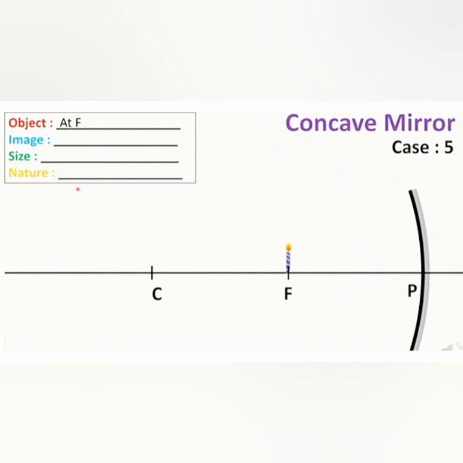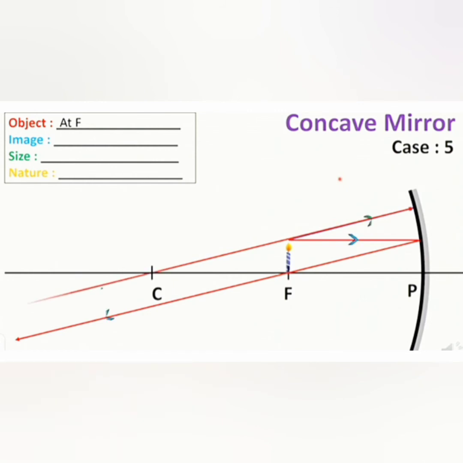From the object, one light ray falls on the mirror parallelly and reflects through the focus and passes away. Another light ray falls obliquely on the mirror and it reflects through the center of curvature, but both of the light rays will not intersect each other at a near point.